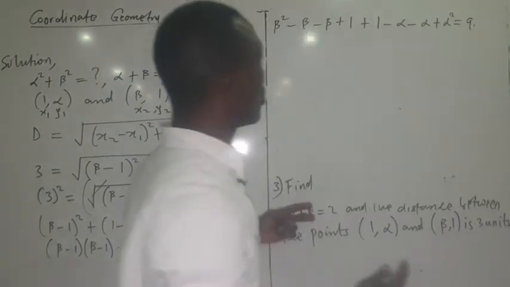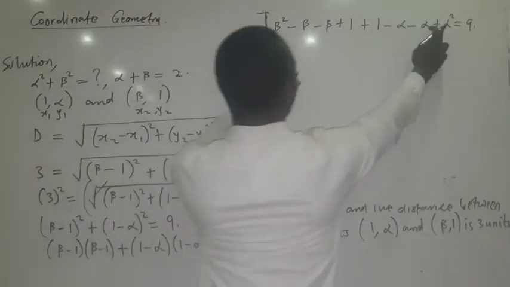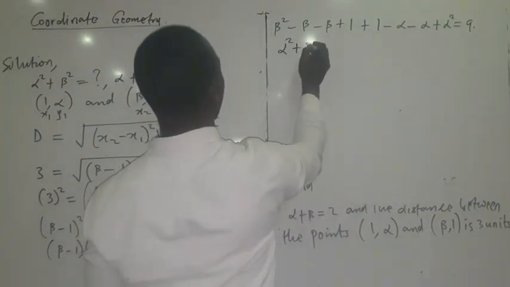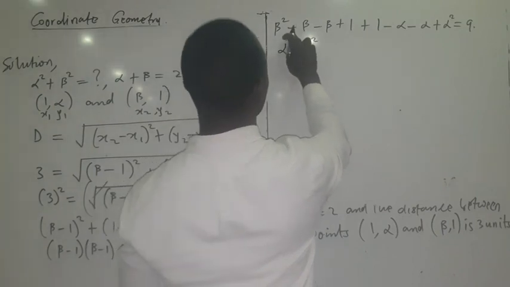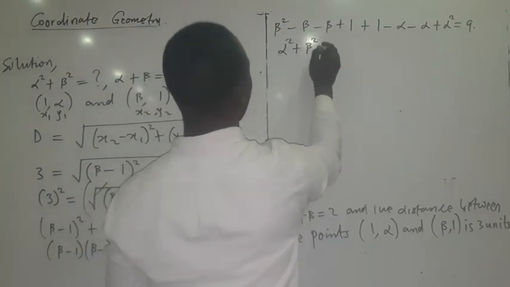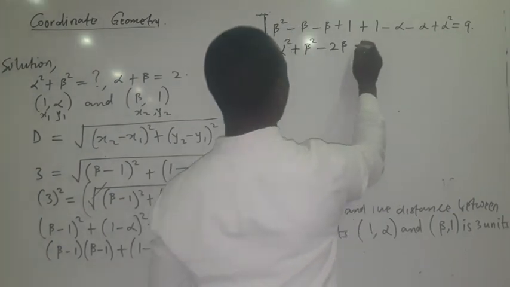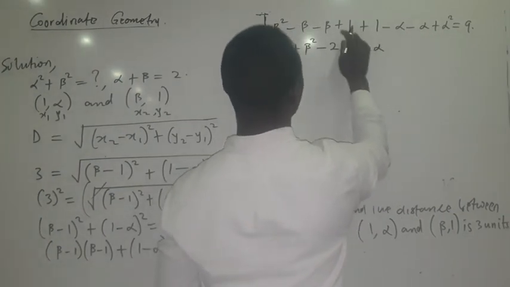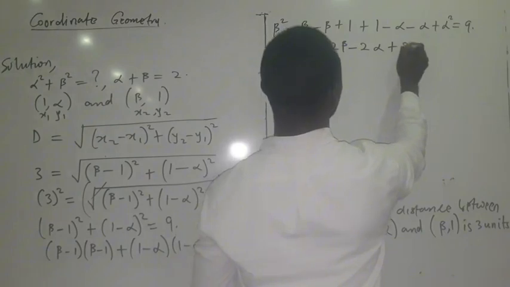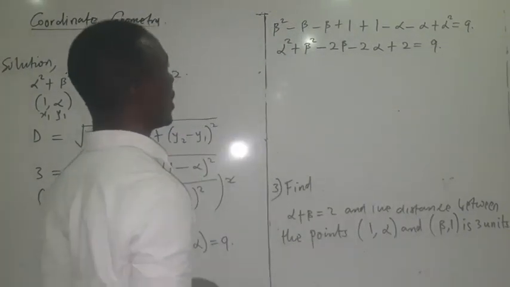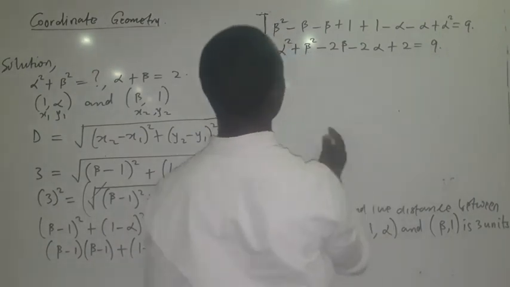So the next thing to do is to rearrange. We have alpha squared plus beta squared, then minus beta minus beta, that is minus 2 beta, then minus alpha minus alpha, that is minus 2 alpha, and 1 plus 1, that is plus 2, equals 9. So the next thing to do is to transfer this to the other side.